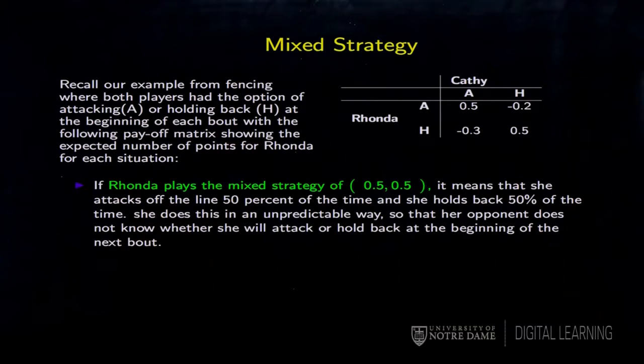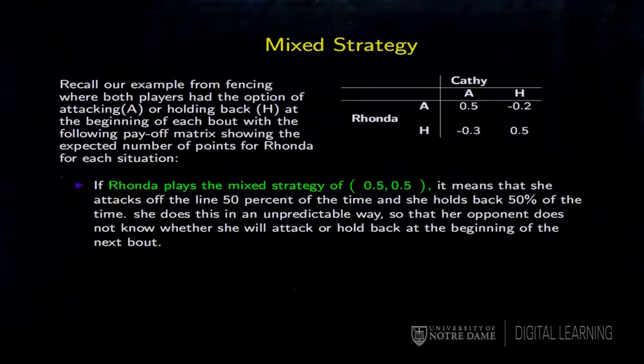So suppose Rhonda plays the mixed strategy written as 0.5, 0.5. This means that Rhonda attacks off the line. She plays strategy A 50% of the time, and she holds back 50% of the time.